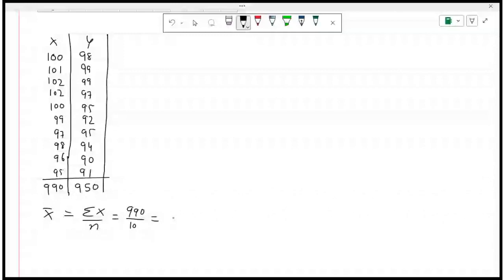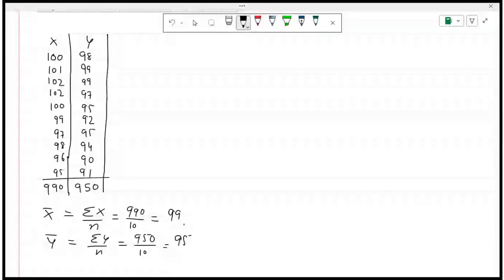The mean of x is 99 and the mean of y is the sum of y values divided by the total number of values, so 950 divided by 10, which is 95. Because my mean is not in points, I feel method 1 will be very convenient for me. Let us apply method 1.